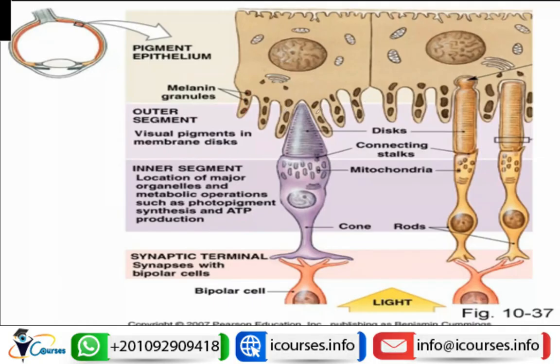This has an important role because the light impulse will be initiated here. So these discs will be broken down, and under the effect of light, which causes bleaching of the visual pigments here, they will be engulfed by the retinal pigment epithelium.